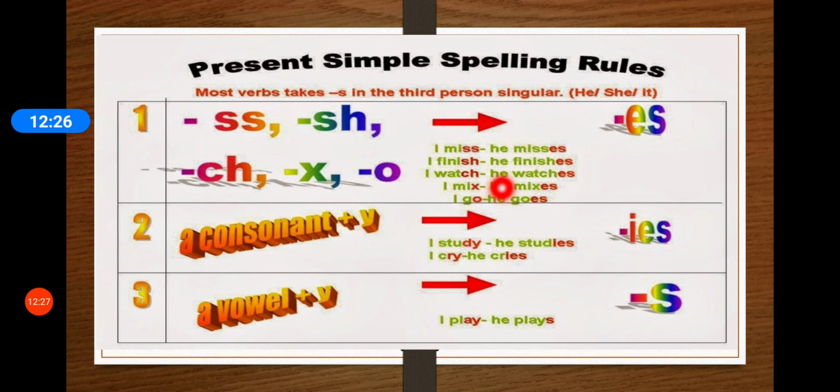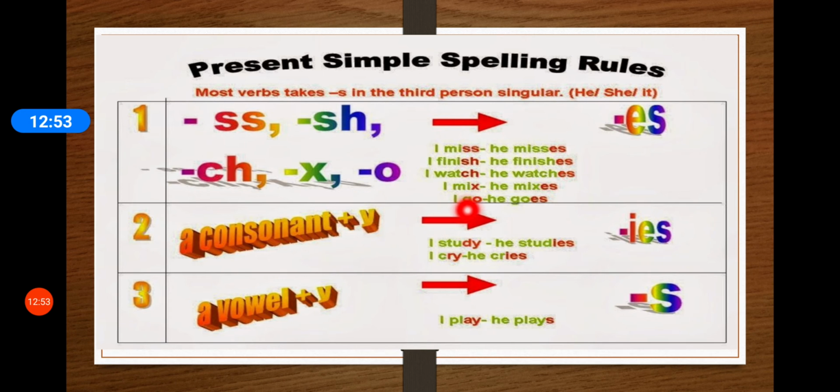When we are talking of third person singular, it would be he finishes his work in time. We have to add ES. I watch a movie every Sunday. But when we are talking of third person singular, it would be he watches a movie every Sunday. Because the verb ends in CH, we have to add ES.